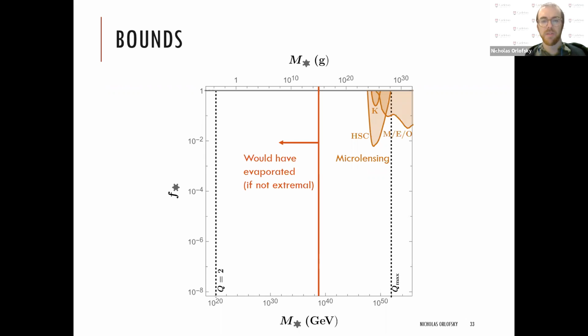These are looking for black holes passing in front of stars and causing them to become temporarily brighter as they pass in front. And then, of course, you would have said anything to the left of this red line would have evaporated, and we wouldn't even bother to look for them. I've taken off some evaporation constraints here for now, of course, but there are some other evaporation constraints for ordinary black holes that don't apply to magnetic black holes because of this enhanced Hawking radiation.